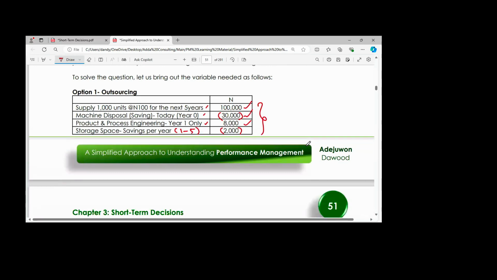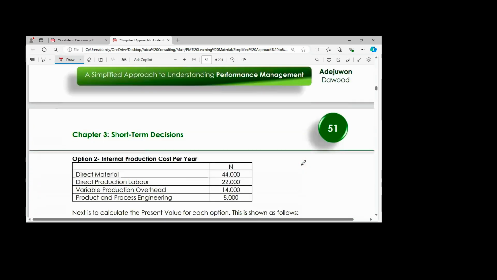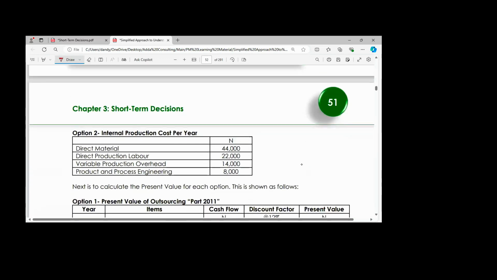Now that I've done outsourcing, I've already told you what we are going to do under internal production. I can do it one by one because those are the relevant cash flows that I need. If I like, I can add up everything that makes up 88,000. Instead of doing it one by one, I'll just use 88,000, since 44, 22, 14, and 8,000 will be affected by the same discount factor.